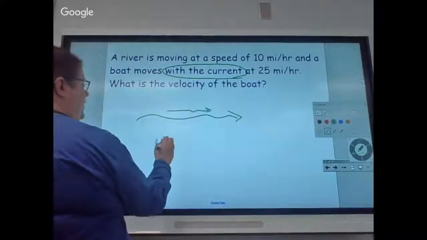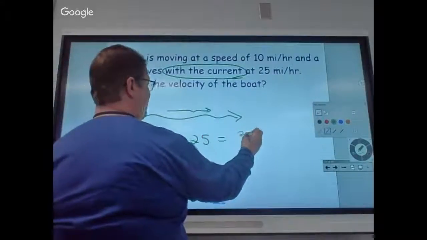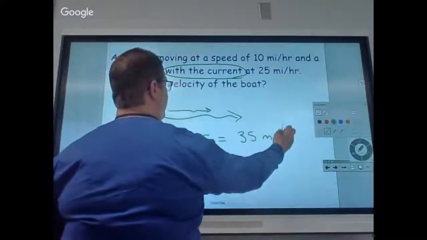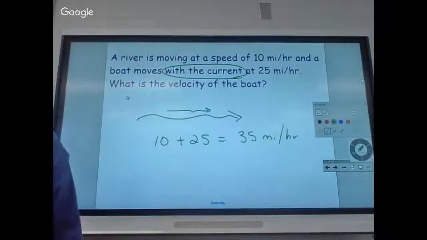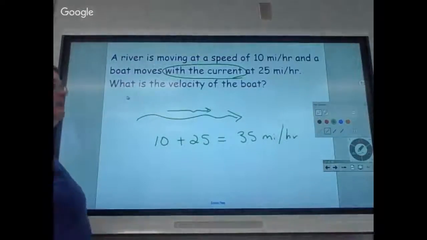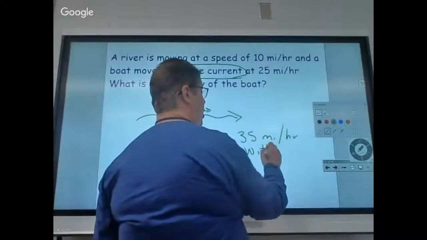So you would say 10 plus 25, which gives you 35 miles per hour. Do you square those? No, you're not multiplying. You only square if you multiply, and we're not multiplying. Now, for the direction, you would just write with the current.